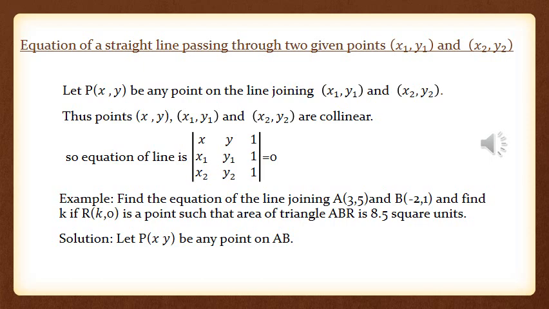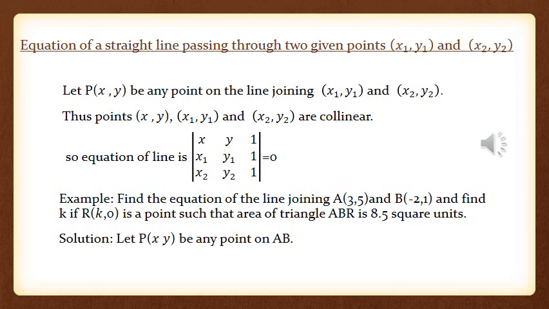In this formula, we know xy is an arbitrary point. So here we take the point P(x, y), an arbitrary point on the line joining (x1, y1) and (x2, y2).